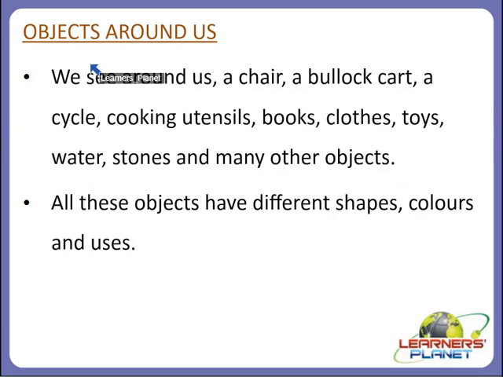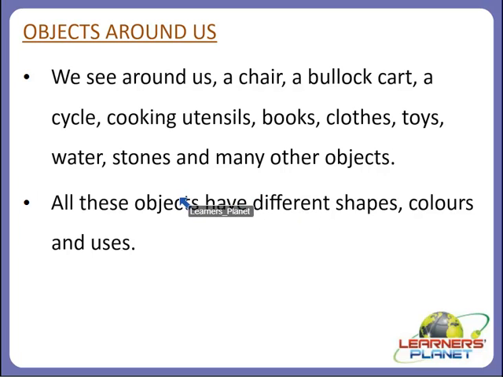Now we are going to study the objects that are present around us. Students, we see around us a chair, a pull cart, a bicycle, a scooter, cooking utensils, books, clothes, toys, water, stones, and many other objects.